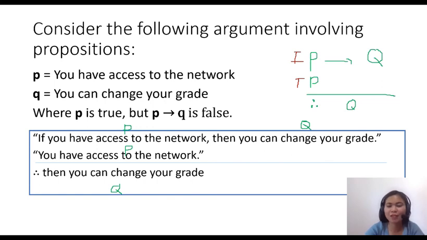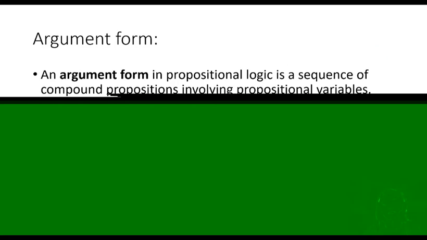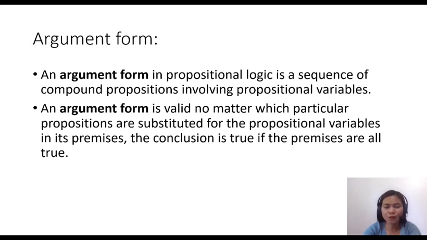So, we summarize the terminology used to discuss the validity of arguments with our definition of key notions. Okay, so just a review. So, I already have defined the words proof, argument, valid argument kanina, right? So, just a review lang.